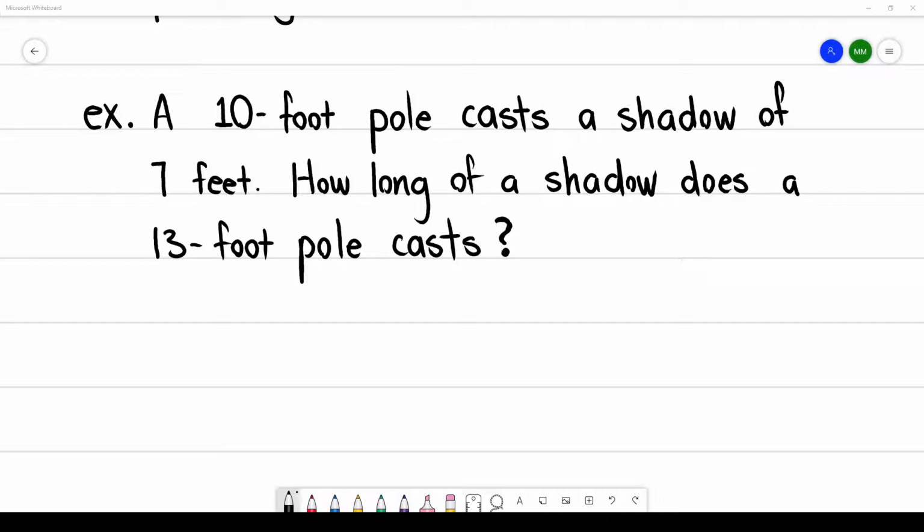So for a 13-foot pole, it shouldn't cast a shadow that is longer than 13 feet, if that makes sense. When the pole's height increases, the shadow length also increases, but it won't exceed the length of the pole.